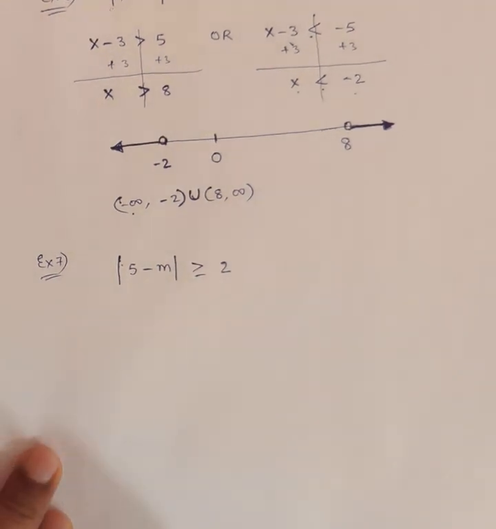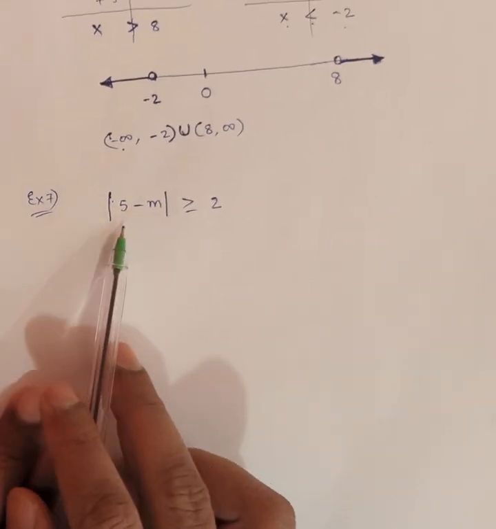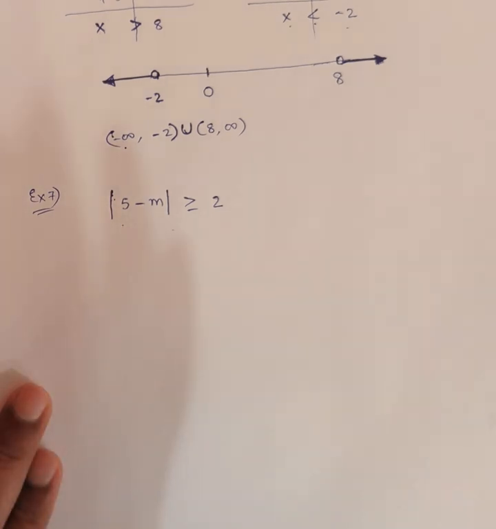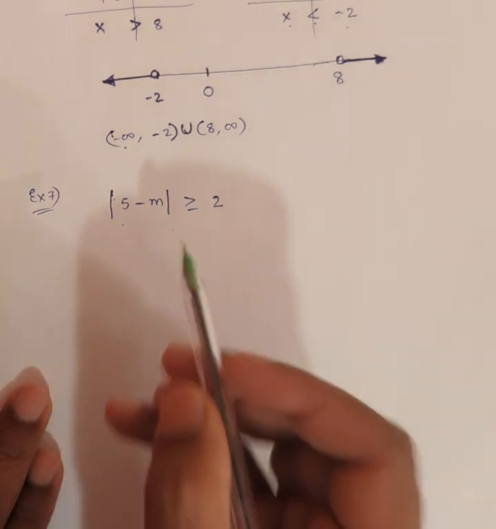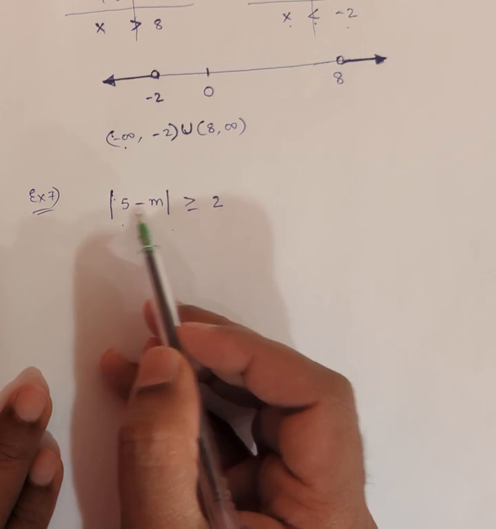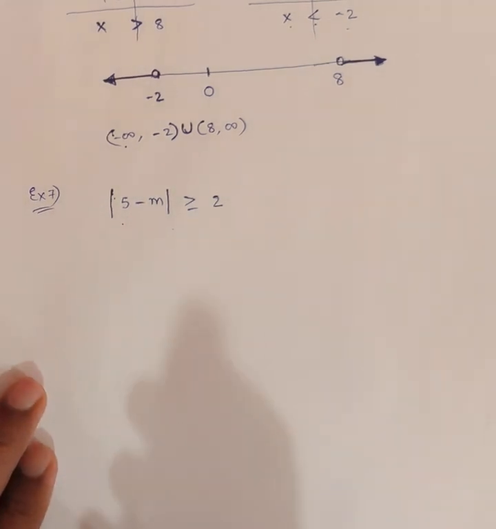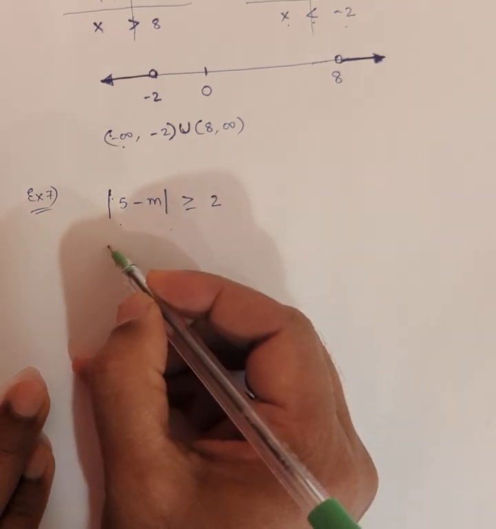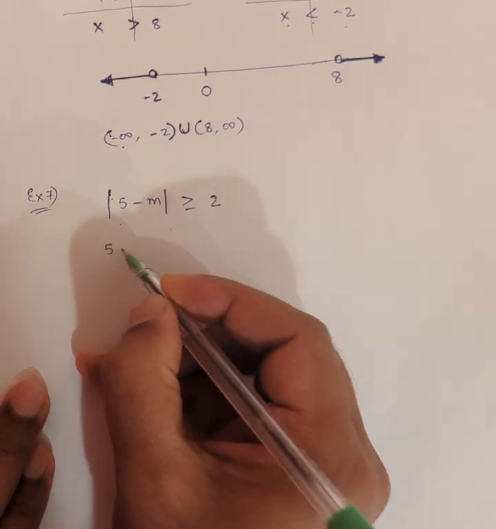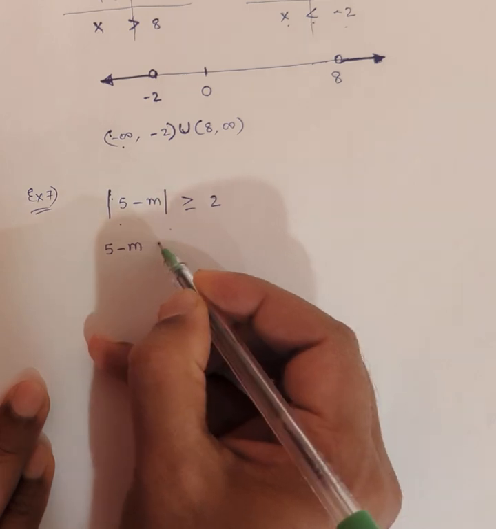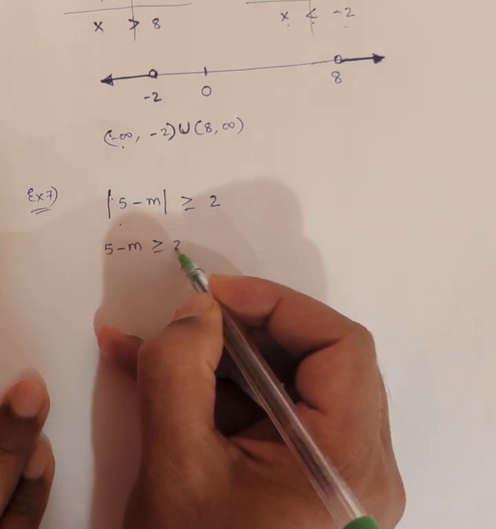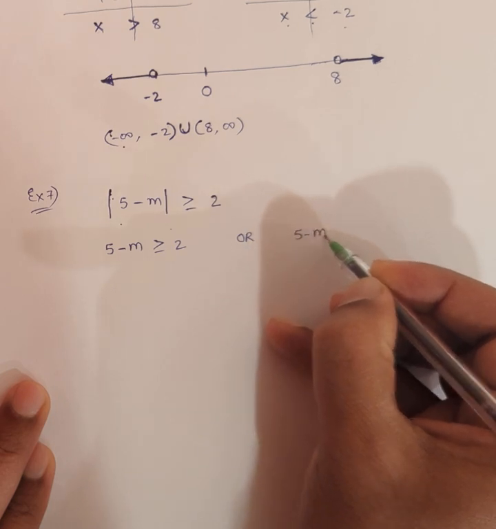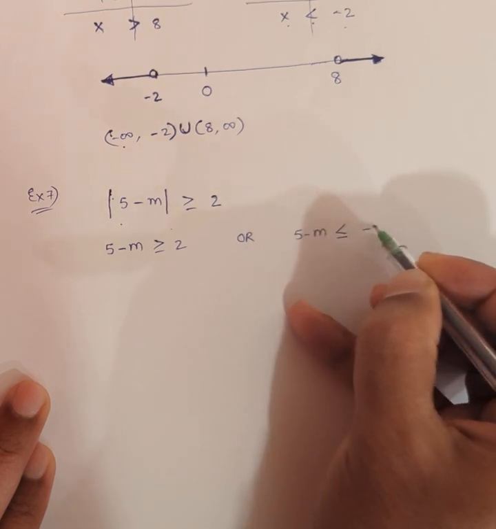The first thing I realize is I have just the absolute value on the left side of the inequality. So I'm ready to write down my solution for this expression. It's not going to be solving for the variable right away, but I can get the first step. 5 minus m is greater than or equal to 2, or 5 minus m is less than or equal to negative 2.